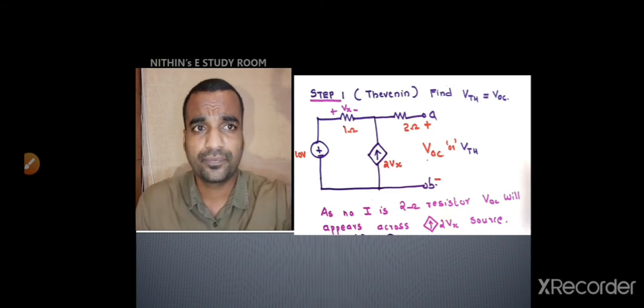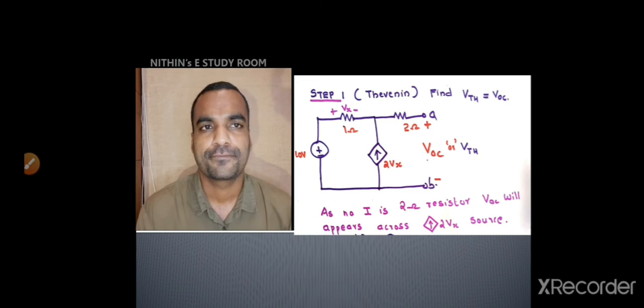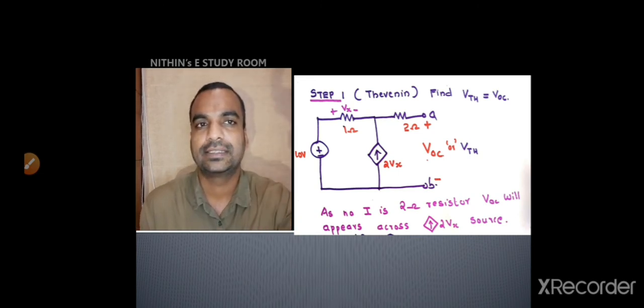And also, as no current is passing in between, this can be replaced with a short circuit. So this AB node and this branch will be in parallel after that, because no resistance is there in between the two top points.